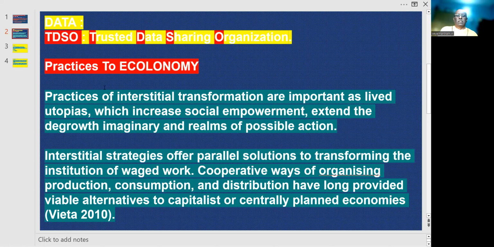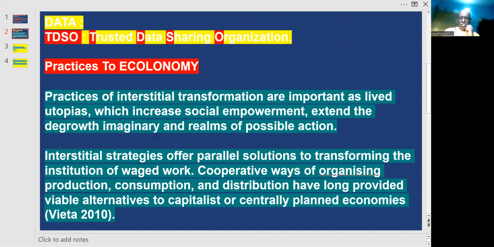So that's what he says: industrial strategies offer parallel solutions to transforming the institution of waged work, and ways of organizing production, consumption, and distribution have long provided viable alternatives to capitalist or centrally planned economies.